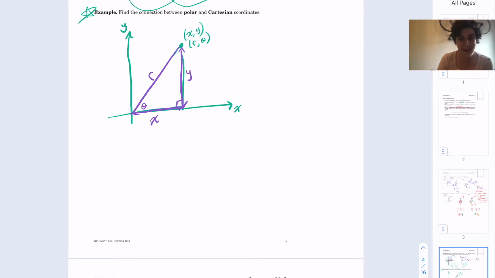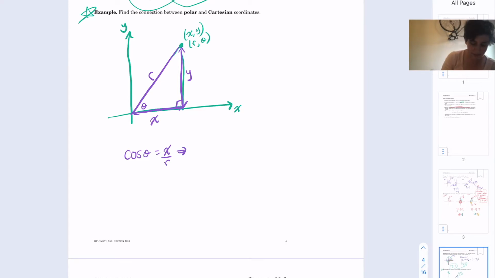Well, we've got our triangle geometry here that we can use. Okay. Well, what is the cos of theta? Cos of theta, well, that is adjacent over hypotenuse. My adjacent is x, my hypotenuse is r.